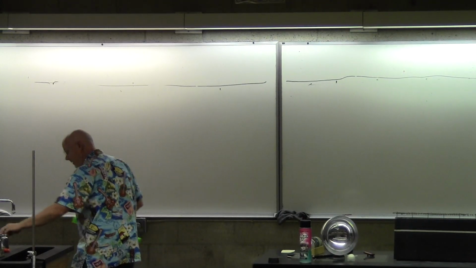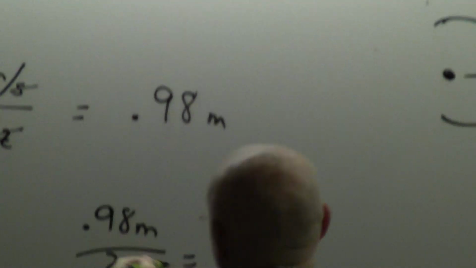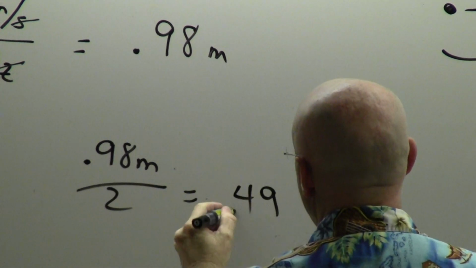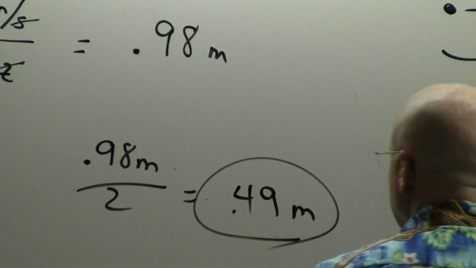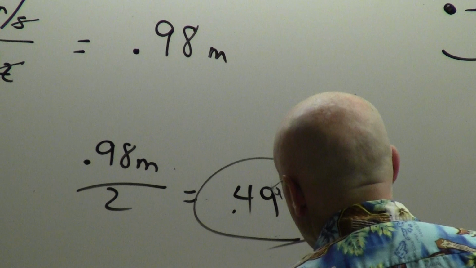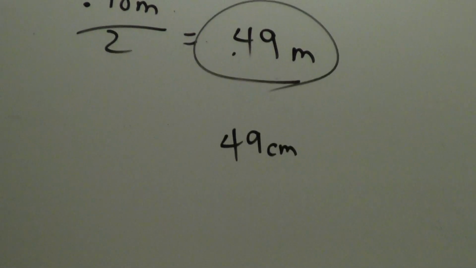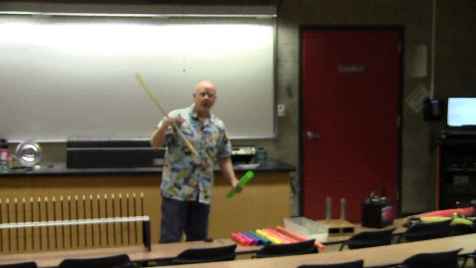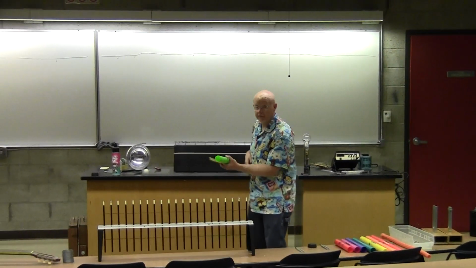All right, so what is half? So if I take 0.98 meters, divide it by 2, let's see, that would be 49. So we're looking at about a half a meter, about 49 centimeters. So this tube should be 49 centimeters long. Now I'll measure it with a little word of caution.